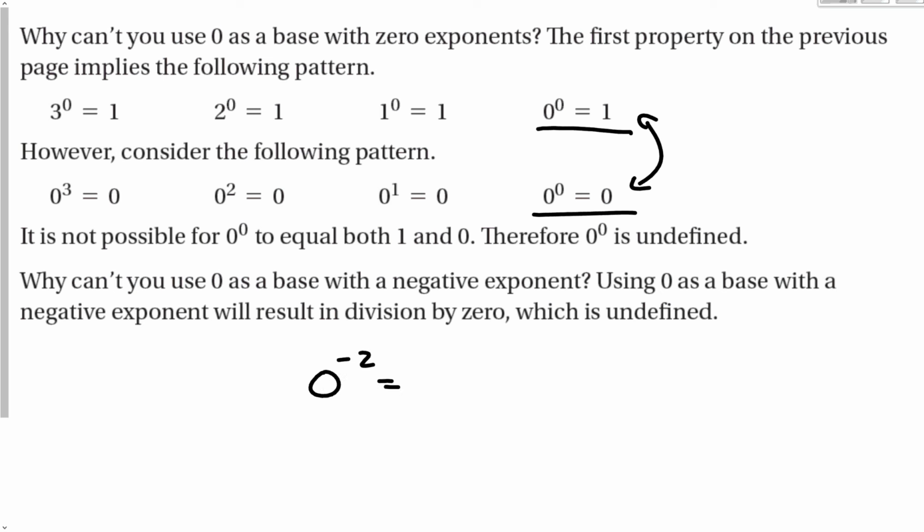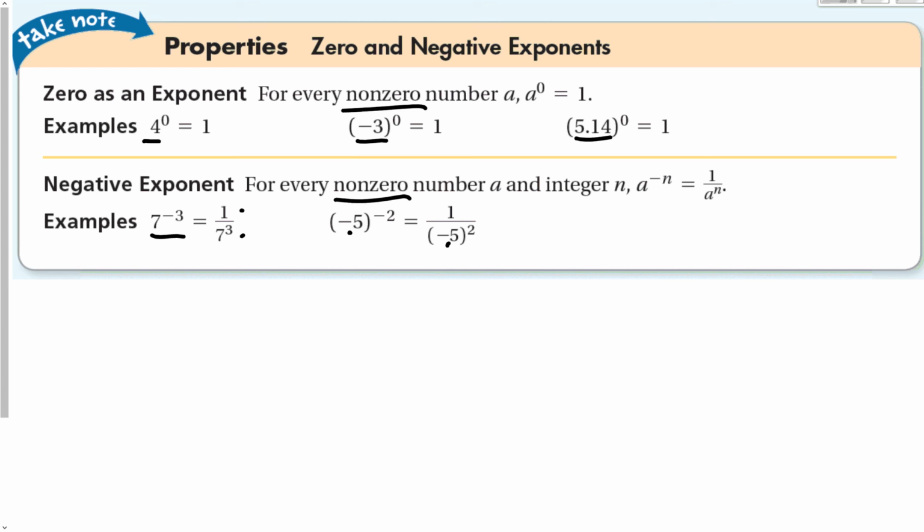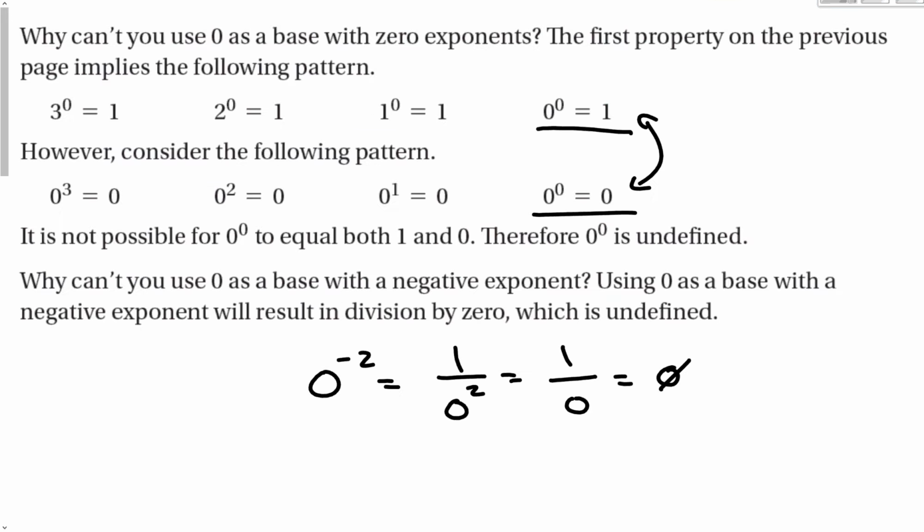Because if we had that, we would then say 0 to the positive 2, which is 1 over 0, which is undefined. So using 0 as a base with a negative exponent will result in division by 0, which is undefined. Okay, so going back real quick, both of these rules only work as long as the base is not 0. Okay. Let's see some problems with these.